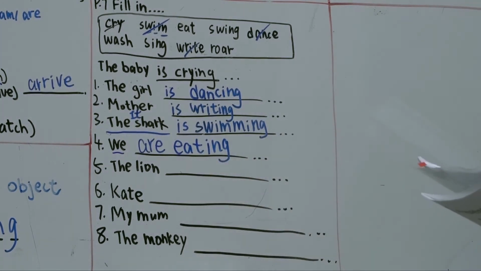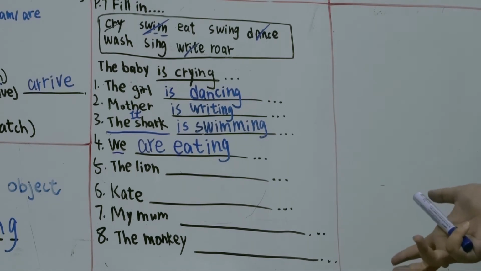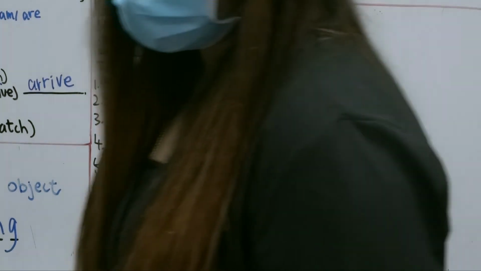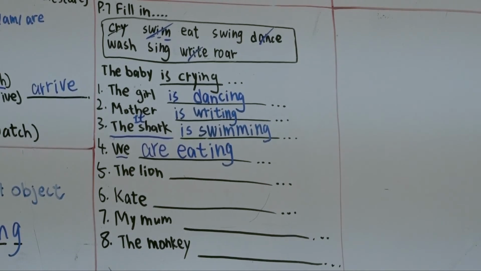Oh, look at me. Why? Hey, why? Don't look at me. Don't look at me. 5 to 8, you're gonna do it on your own.